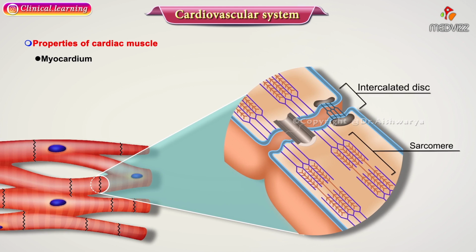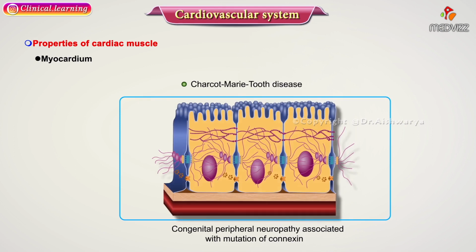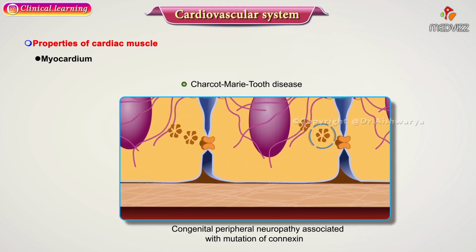These intercalated discs contain gap junctions called nexus. They are present at the level of the intercalated disc and made up of a protein called connexin. There is a disease called Charcot-Marie-Tooth disease, the most common congenital peripheral neuropathy, which is commonly associated with mutation of the protein connexin, which makes the gap junction.